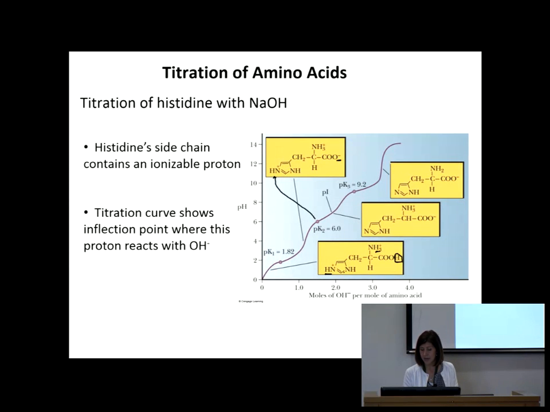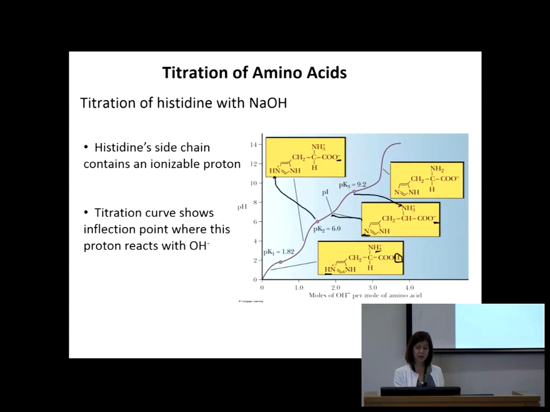Again, we still have the proton off of the acid group. So here we're showing where we're above this second pK for that side chain, so that proton is off of there. The proton's still off of there. Once you take it off, it doesn't go back on when you're raising pH. But here, we're still below this pK, so that proton's going to be on it.